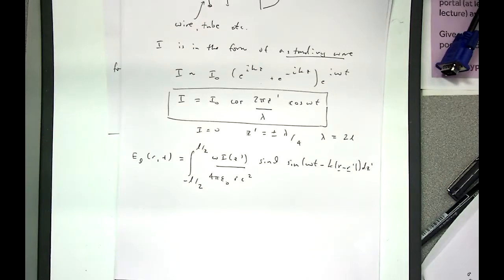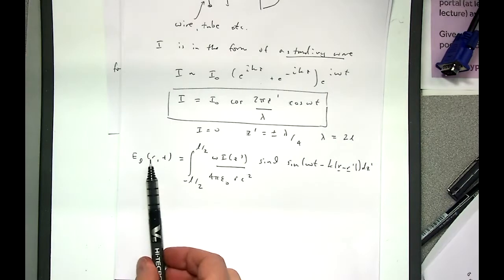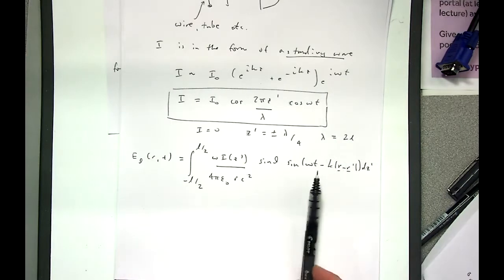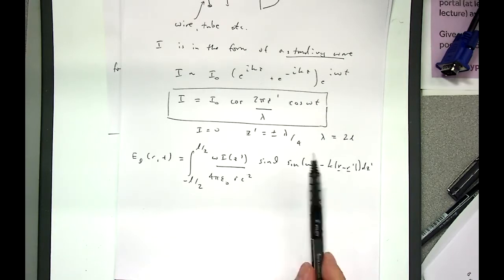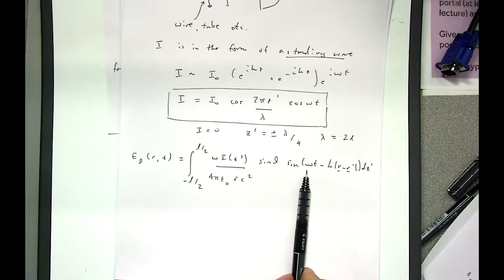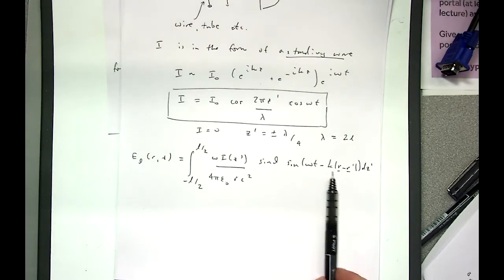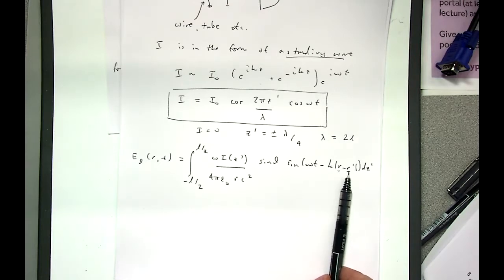Okay, what are we saying here? We're saying that the electric field, when viewed from a certain distance, is to do with the amount of current flowing. There's the overall scaling factor. Clearly, the electric field varies at the same frequency that the charges are moving. This is the phase difference between the observation distance with respect to the centre of the antenna and the particular observation distance with respect to that piece of current element.